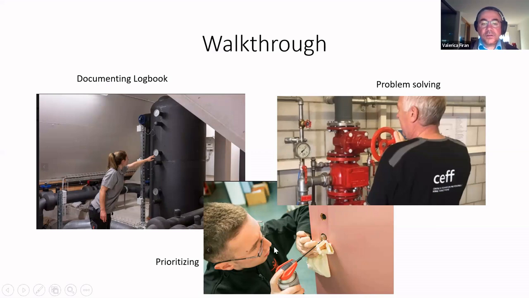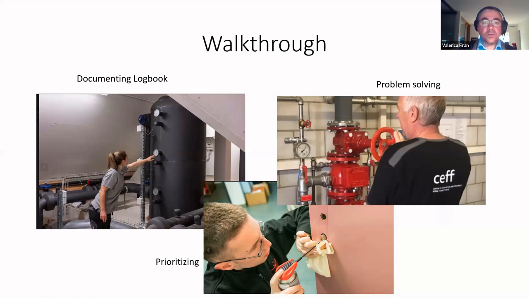And these 2 here kind of symbolize that in our walkthrough, sometimes we encounter problems that we have to be prioritizing, and if they are very serious, we have to deal with them on spot.